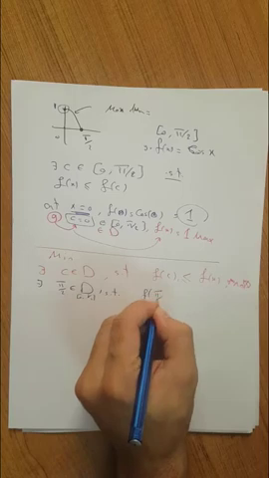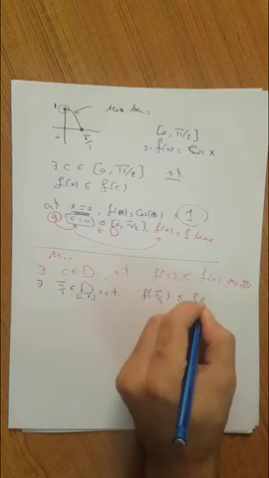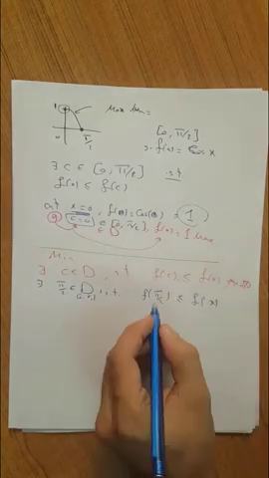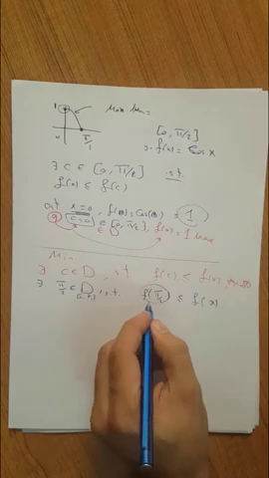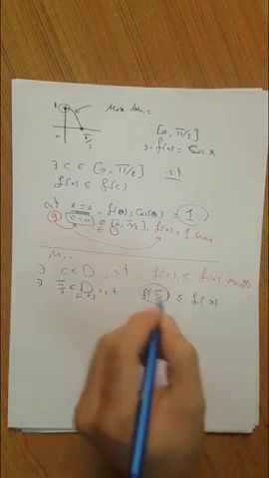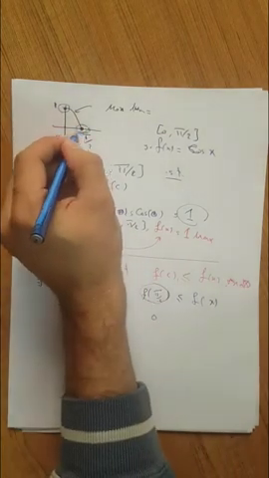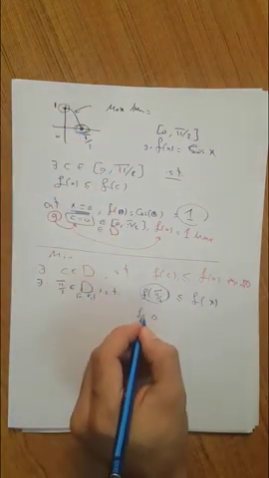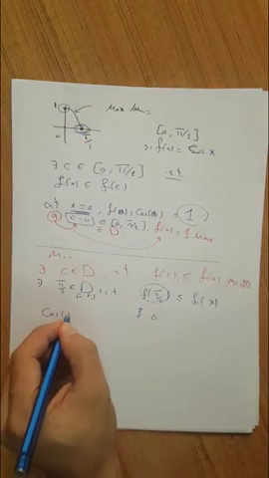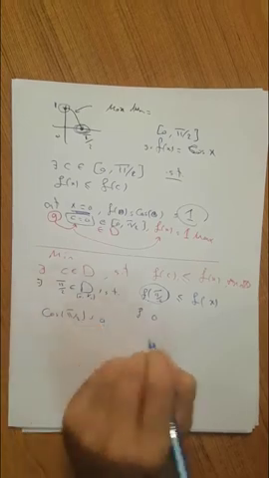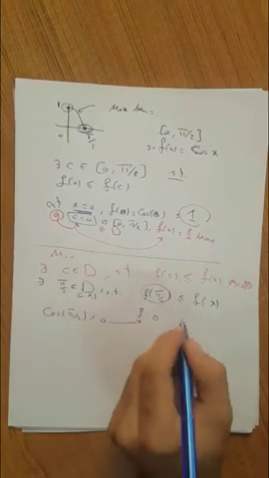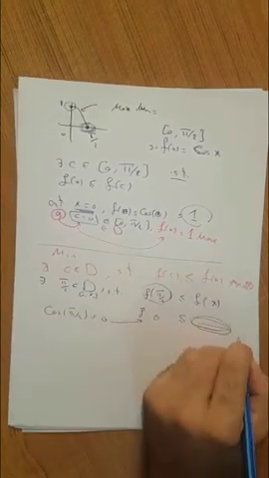F of pi over 2 is less than the whole value of the function, because cosine of pi over 2 is equal to 0, so that's why I put 0 here. So it's less than the whole value.